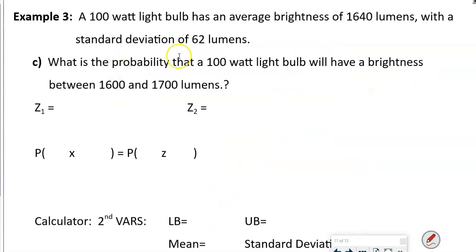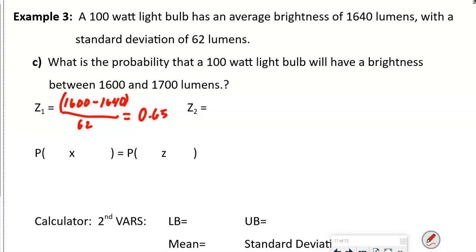This one says, what is the probability the 100-watt light bulb will have a brightness between 1600 and 1700 lumens? So this time we're going to have to find two z-scores. So we're going to do our 1600 minus our 1640 and divide that by our 62. So once again, when I do that, I got negative 0.65.